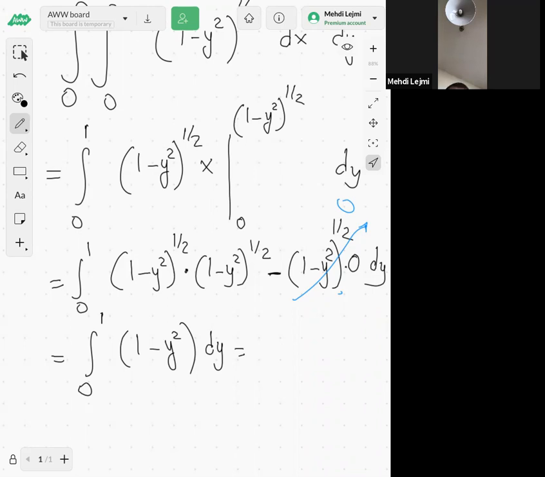We integrate with respect to y. You integrate 1, that will be y, minus, you integrate y squared, that will be y cubed over 3, between 0 and 1. You substitute y by 1, you get 1 minus 1/3, minus, and substitute y by 0, you just get 0. So 1 minus 1/3, the answer is 2/3.